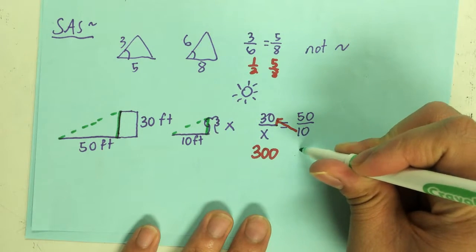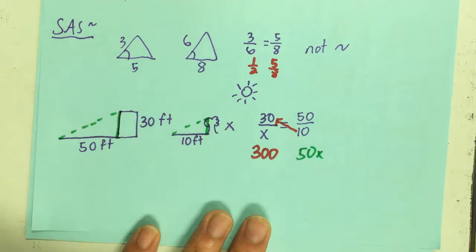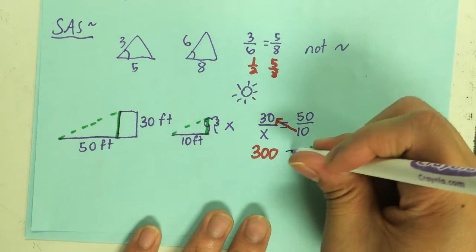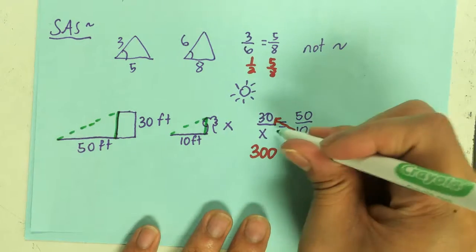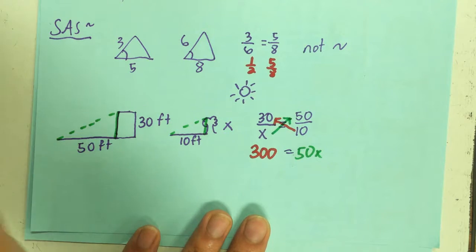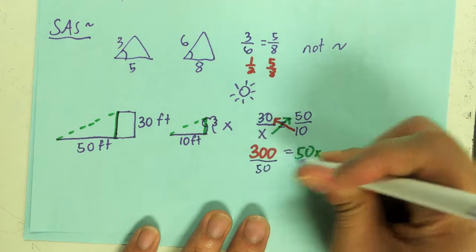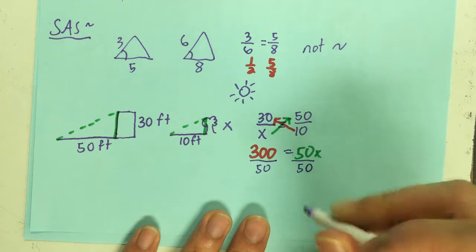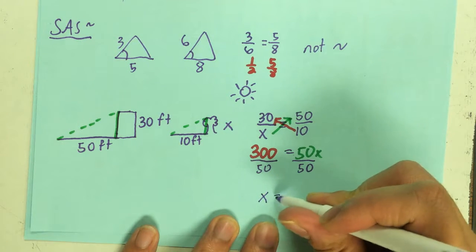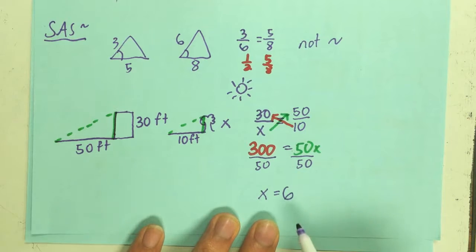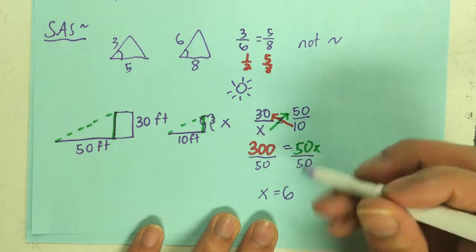X times 50 gets me 50x. So we have 300 equals 50x. Then our last step, divide by 50 to get x equals 6. So this tells me that the tree is 6 feet tall.